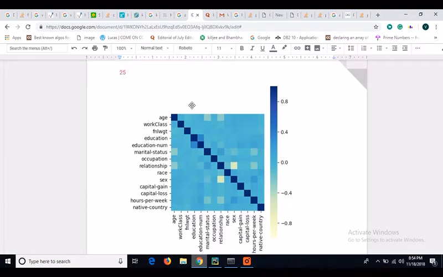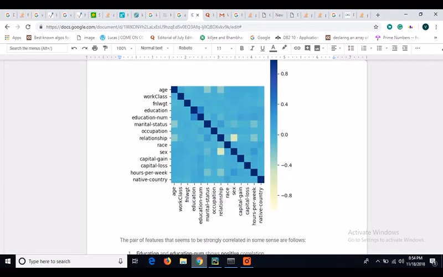Now let us look at the correlation values which might have been created if we had used label encoding. If we had used label encoding, then the conversion of each categorical attribute to a numerical attribute would have produced all the 14 columns, and this correlation could have been computed.